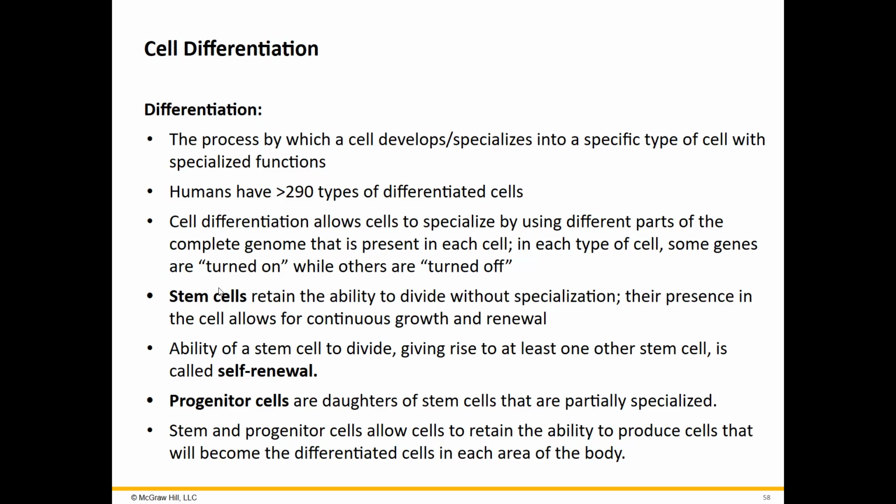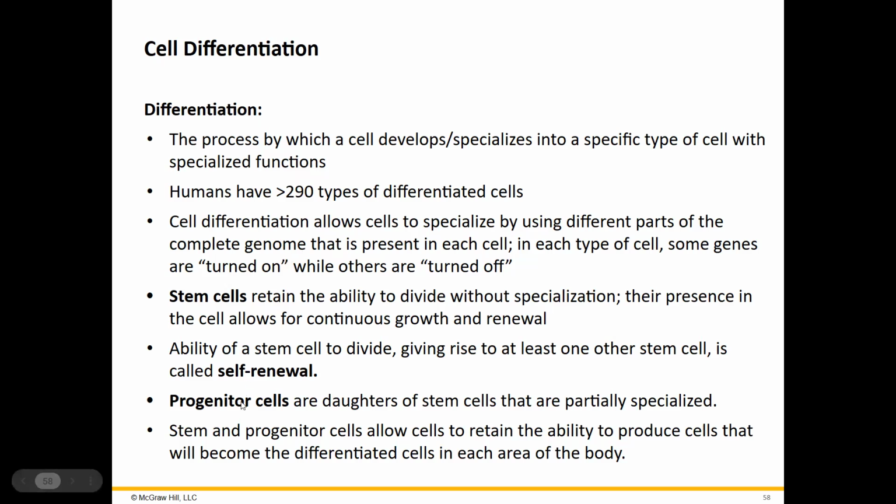So stem cells are great because they're kind of the cure-all. They're a type of cell that can become anything later on, and so they're known for self-renewal. The ability of a stem cell to divide and give rise to another stem cell is called self-renewal, and it can specialize later or differentiate later.